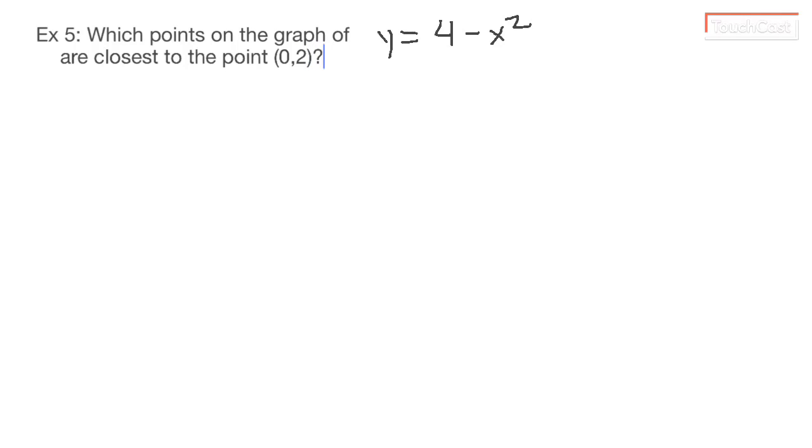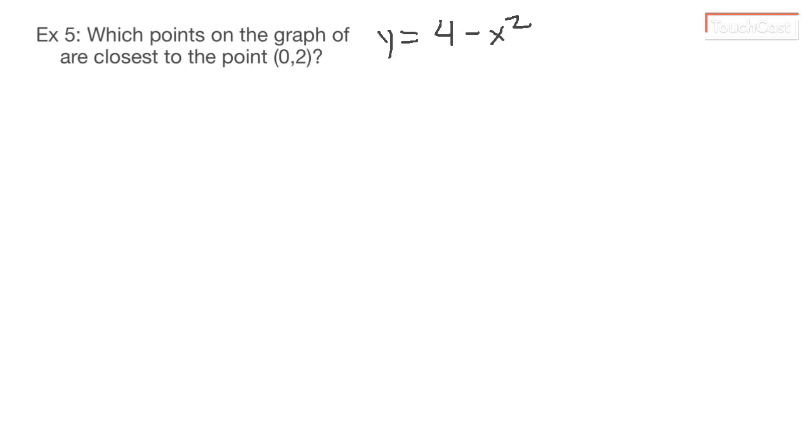Now, we don't actually have to graph this, but let's just keep some things in mind. If we were to graph it, what would this roughly look like? Well, since the coefficient in front of x squared is negative, and since we have an x squared, it's going to be a parabola that opens down with a maximum or a y-intercept at 4.